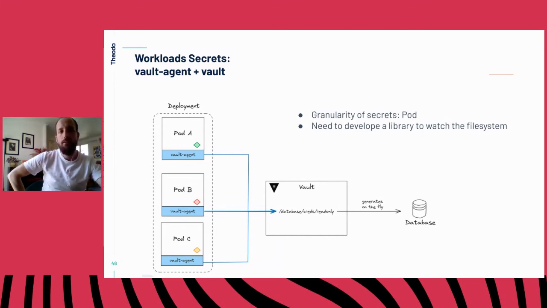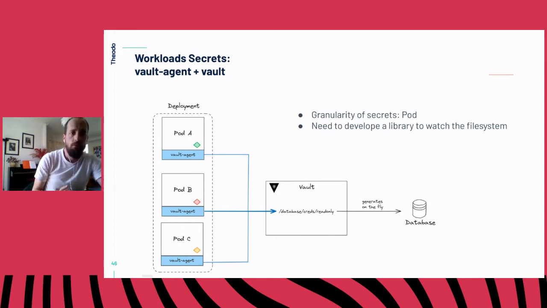And the nice thing is that each pod will get dynamic credentials, because your Vault agent will try to read a path in Vault, for example, /database/creds/readonly. And if it's a dynamic secret, Vault will generate the secrets on the fly in the database. So each of your pods will have different credentials. And it makes auditability much better, because you will know which pod has done what on your database.